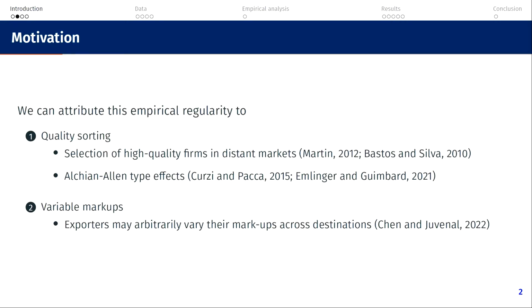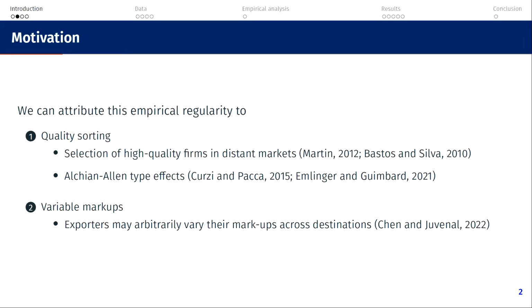So this empirical regularity, what we've seen in this figure, can be attributed mainly to two things. It could either be quality sorting. So maybe if the distance increases, only firms that produce high quality versions of the product, maybe they use higher quality packaging, send those further away, right?